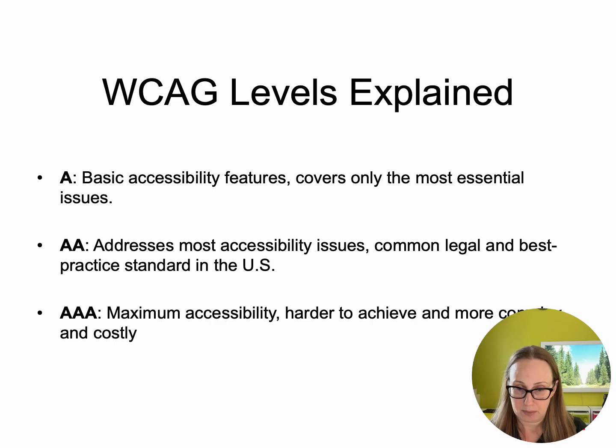And AAA maximum accessibility is very hard to achieve and very costly to achieve. And so far, most of the websites that are AAA compliant are specifically for people who are deaf or organizations that serve those communities in particular. So AAA is great to strive for, but it's probably not very realistic.